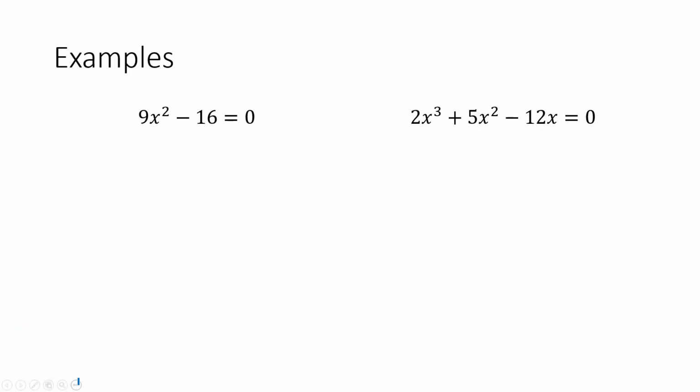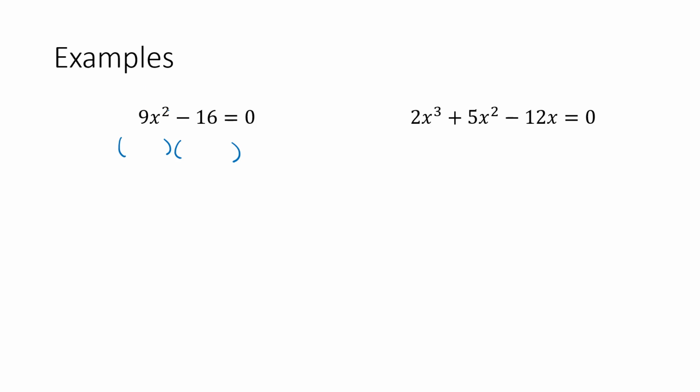Here, this first example, 9x squared minus 16 equals 0. It's a quadratic function because it's got that x squared in it. And we're going to attempt to solve for x. It's already equal to 0, which is nice. So now we can try and factor it. And what you might notice is with two terms, we're going to try and use a difference of squares.